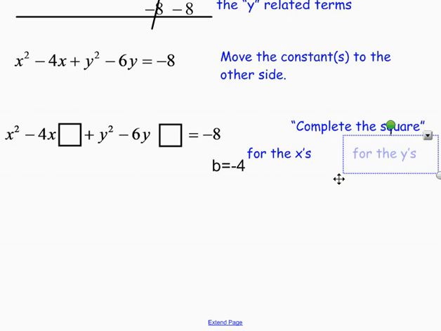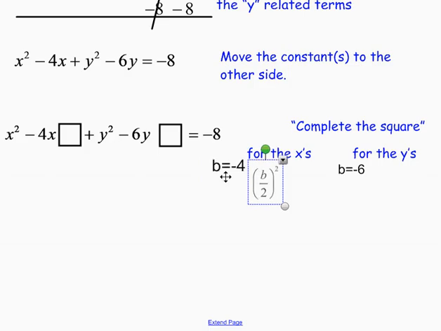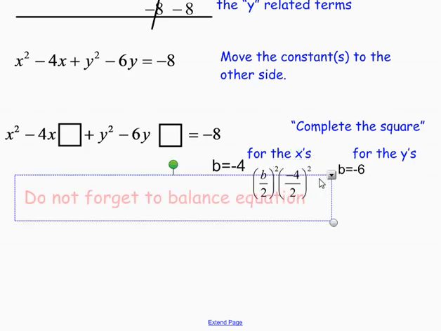For the y's, b equals negative 6. So let's work with the x's. We have to take b divided by 2 and square it. So that's negative 4 divided by 2, that's negative 2. Negative 2 squared is 4.